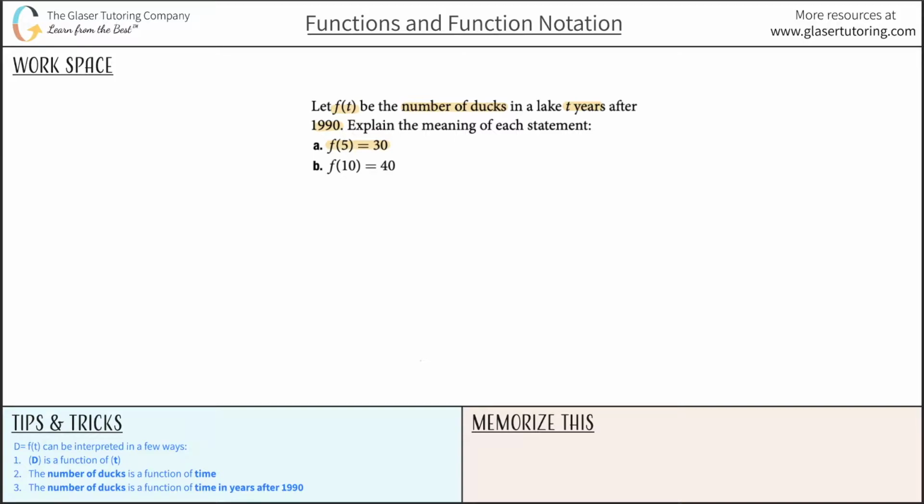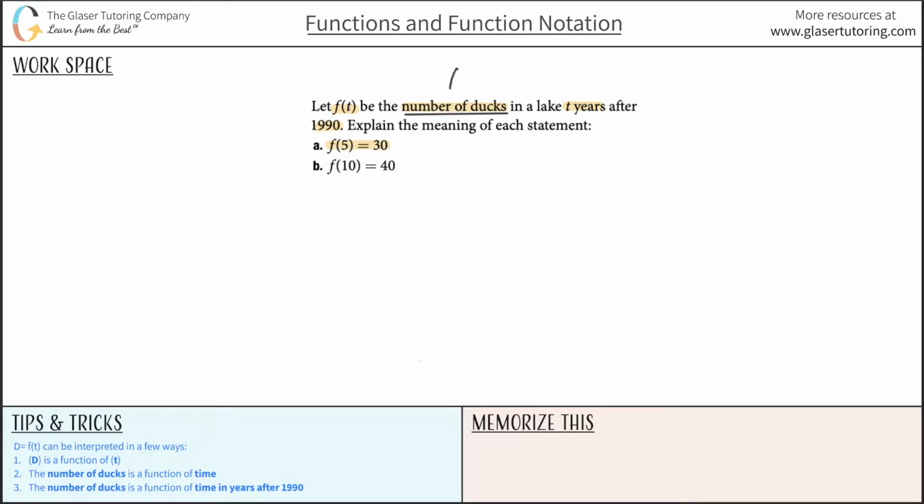All right, so first, in order to interpret this statement, we want to create a base function from the given information. I'm going to use a variable for the number of ducks.